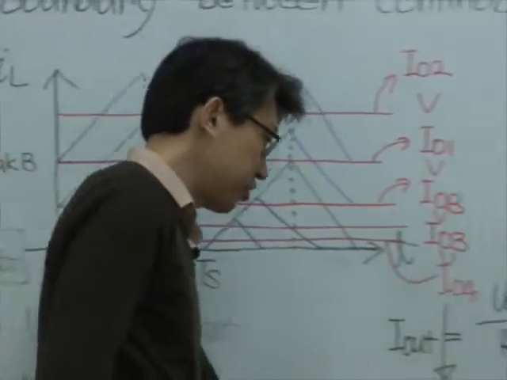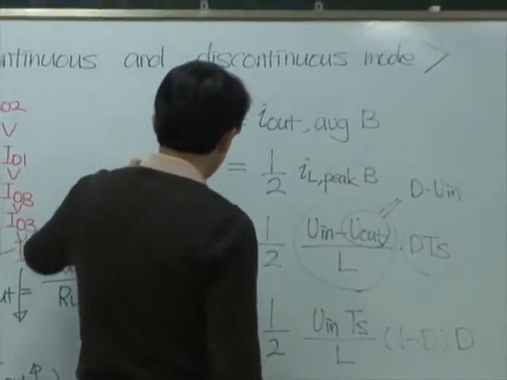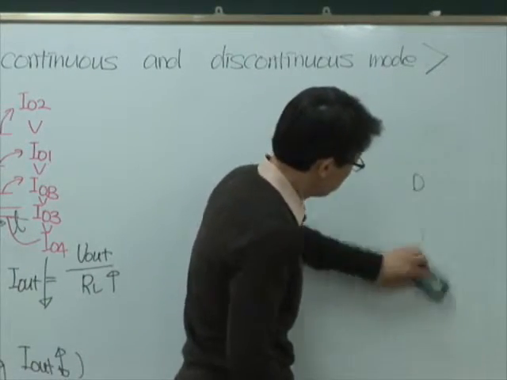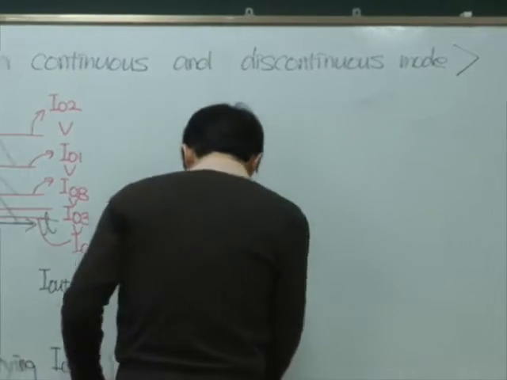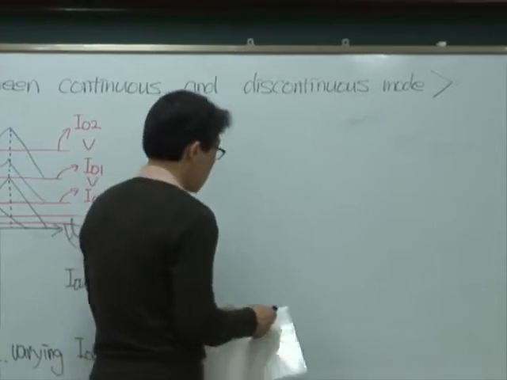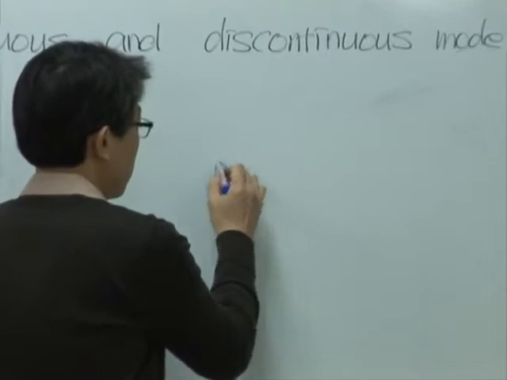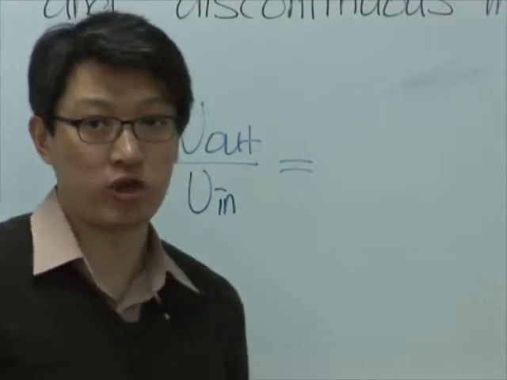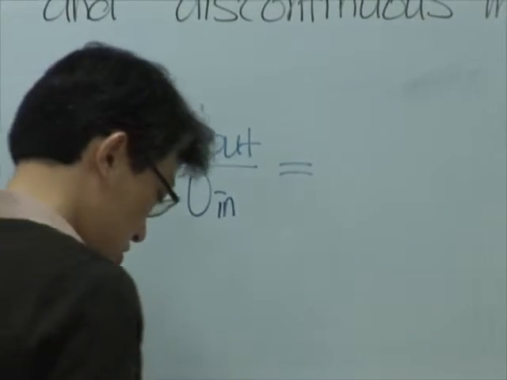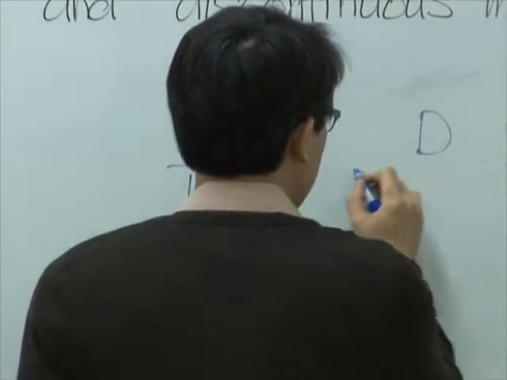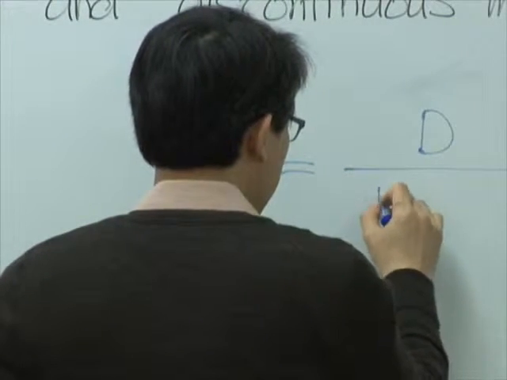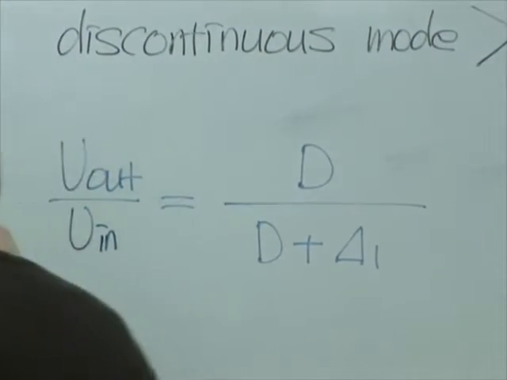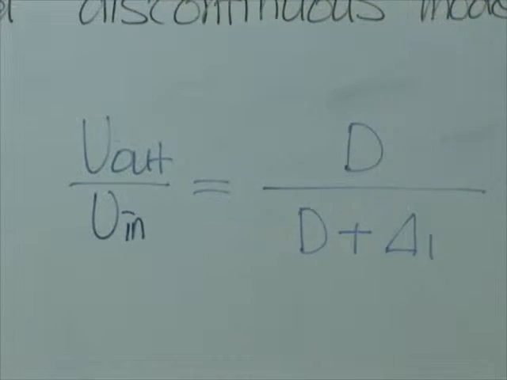Okay, this is inconsistent with our voltage transfer equations. So, what's the input-output voltage transfer ratio? It was D divided by duty plus delta 1. Okay? Delta 1. What is the definition of delta 1?